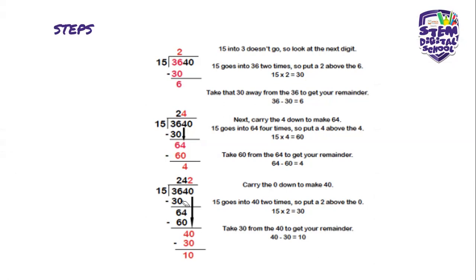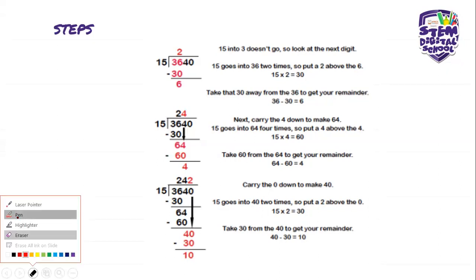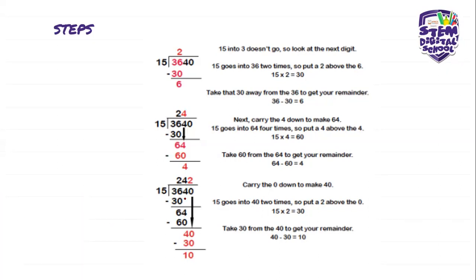We minus 30 from the 36 and it gave us 6. Now we're supposed to bring the 4 down. That will make 64. So you bring the 4 down, and that makes what? You bring 64. Then what happens?